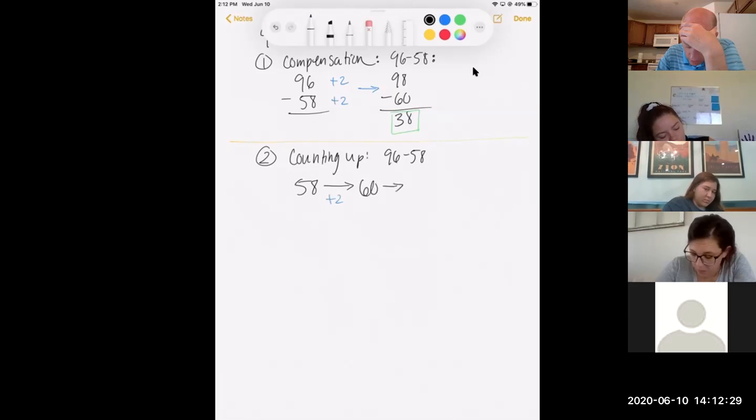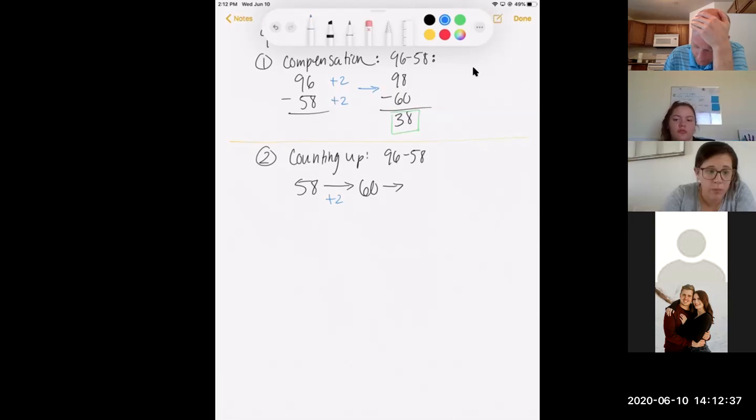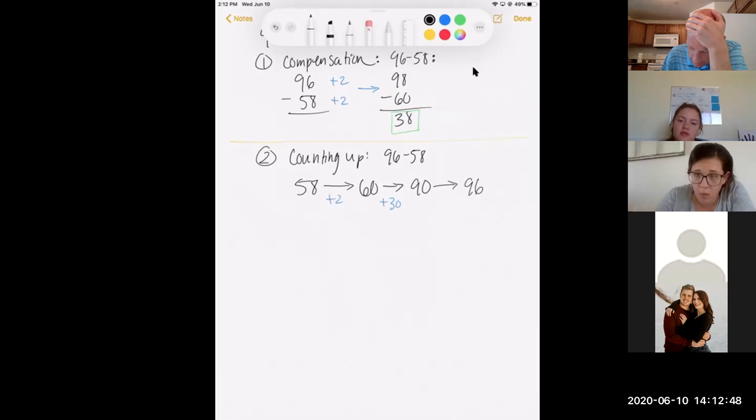Okay, what other number? 96 is my goal. So once you got to like 60, you kind of want to go for some 10s here to get there faster. I would go to 90 next. Yeah, go to 90 next. And the difference there is 30. From 90, go to 96.